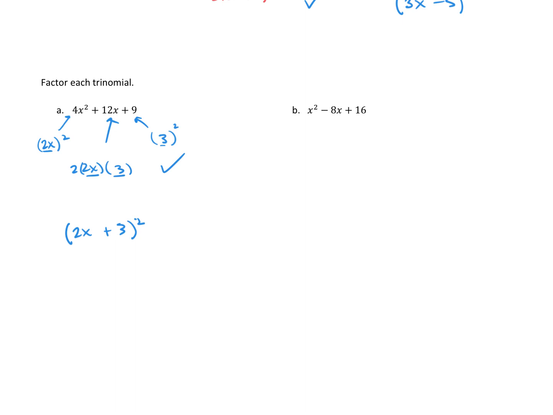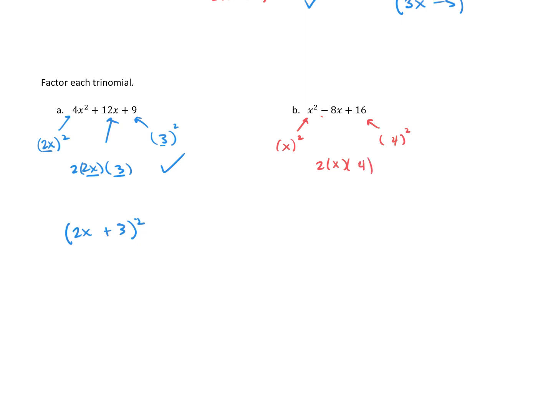All right, part B, x squared minus 8x plus 16. We have a trinomial. If it's a perfect square trinomial, we can just follow our pattern. So, do we square anything to get an x squared? We do, an x. Do we square anything to get a 16? We do, a 4. Now let's check to see if we can get that negative 8x. So 2 times x times 4, does that get us a negative 8x?